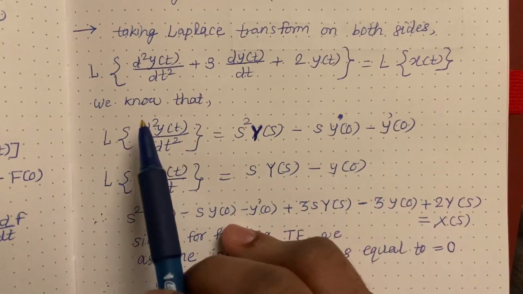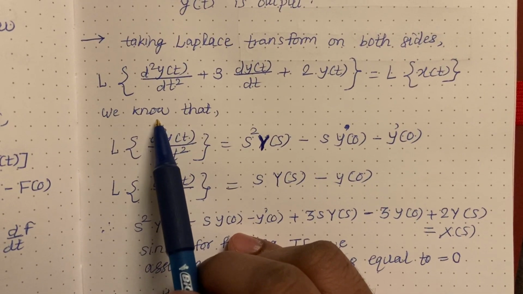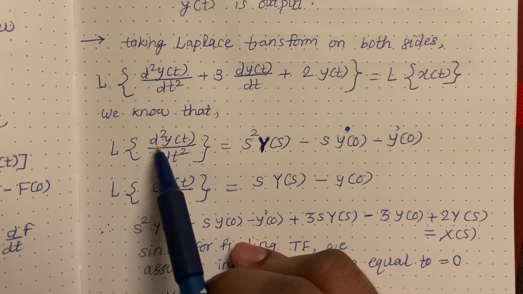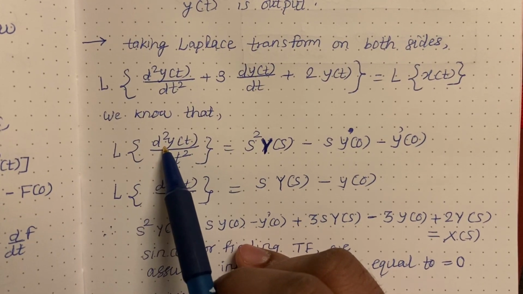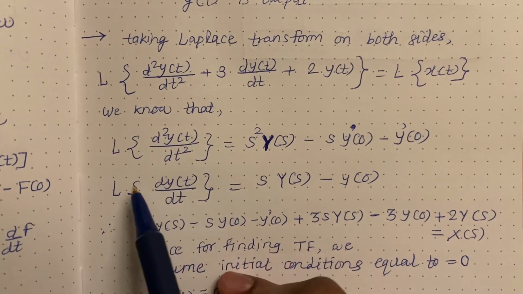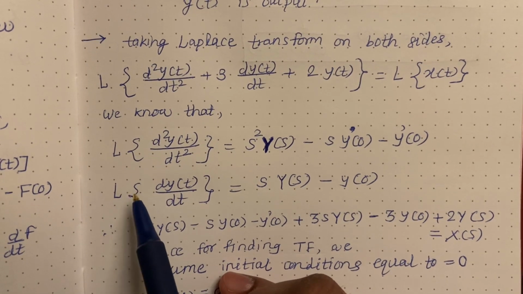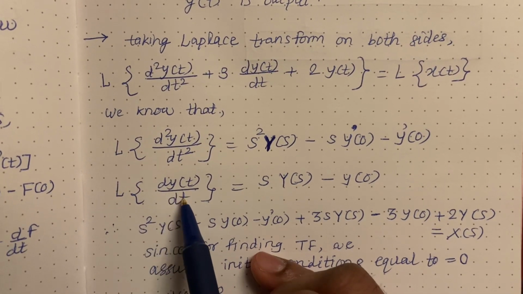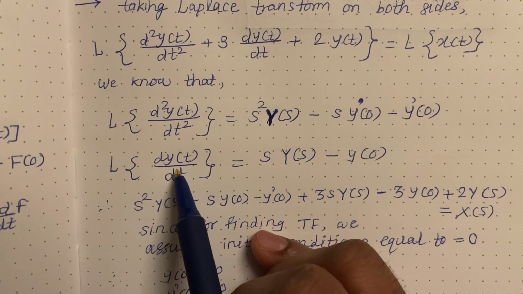Now we know how to find the Laplace transform if the equation has a double order derivative, and if it has a term with dy by dt, meaning a single order derivative.